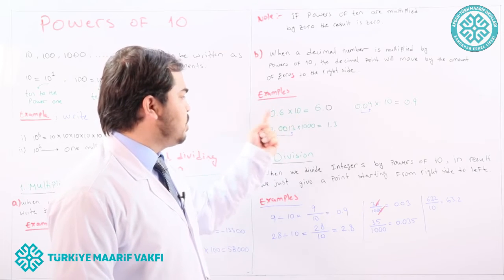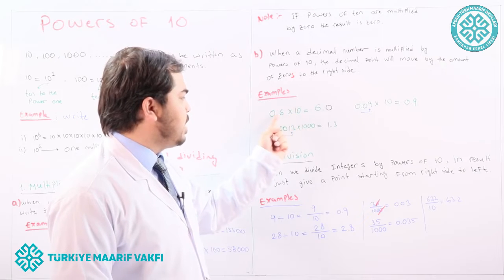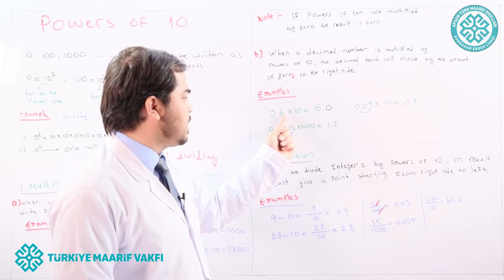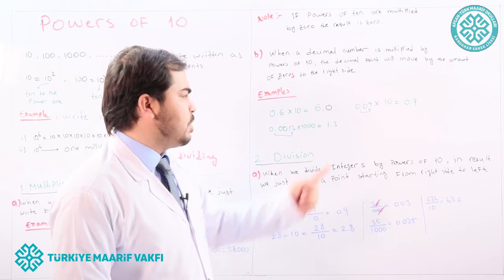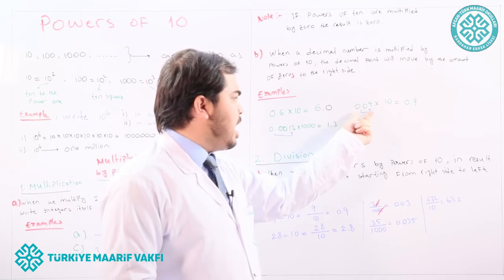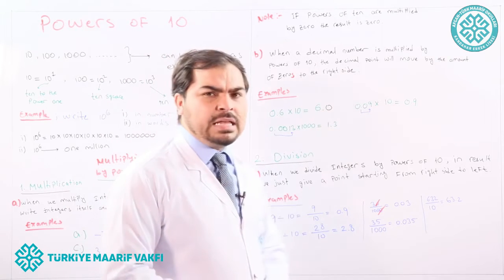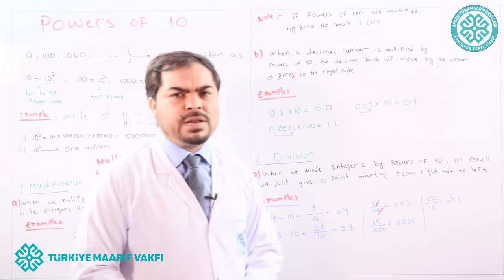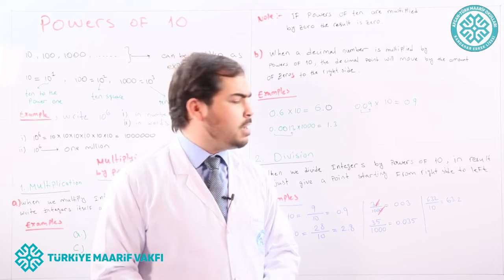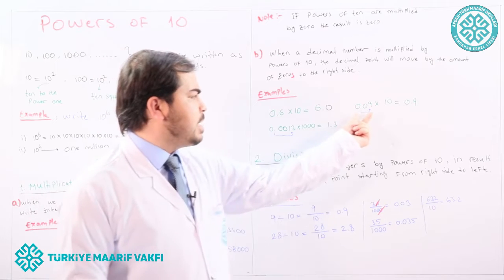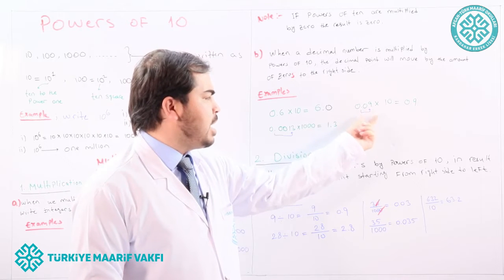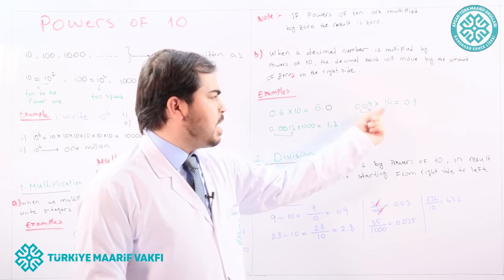0.6 times 10. If you multiply 0.6 by 10, the point will move to the right side and it will become 6.0. Here again, the 0 to the right of the point has no meaning. Here we have another number, 0.09, a decimal number multiplied by 10.